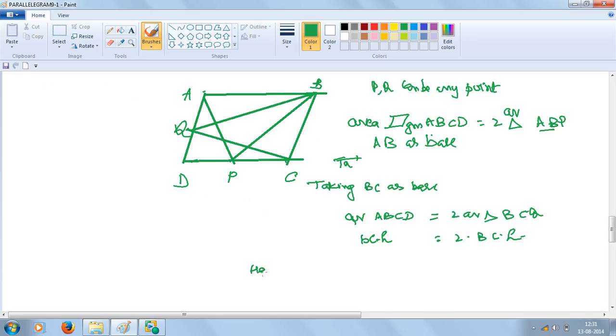Hence, the area of the triangle ABP is equal to the area of triangle BCQ. This is 1, BCQ is 2. From 1 and 2, we arrive at 3.